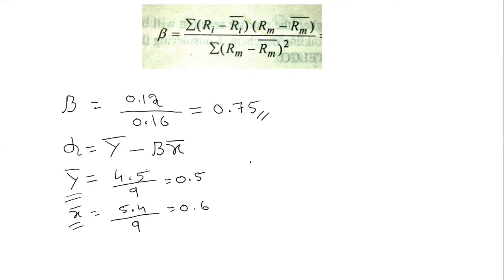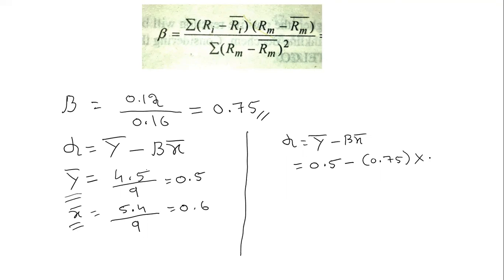Now we will put it in the formula. Alpha is equal to y bar minus beta into x bar. So y bar we got is 0.5 minus beta, which we have calculated as 0.75, into x bar, which we have calculated as 0.6.